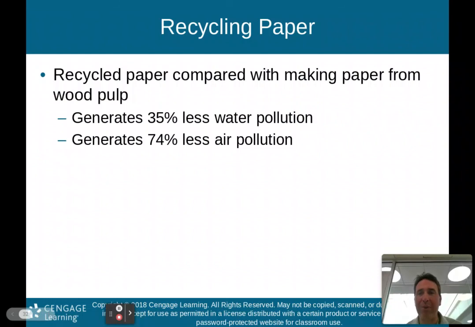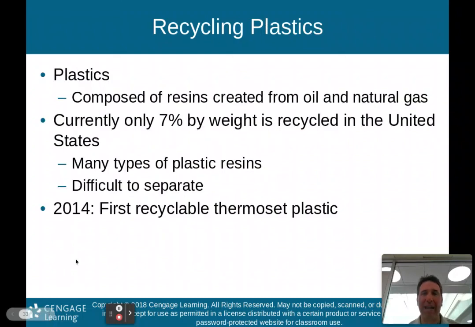Recycled paper compared with making paper from wood pulp generates 35% less water pollution and 74% less air pollution. That's creating paper through recycled paper and not from the process from that wood. Think about that, guys. I think we need to recycle paper as much as possible. 35% less water pollution, 74% less air pollution with that recycled paper.